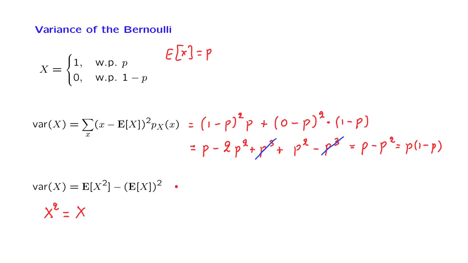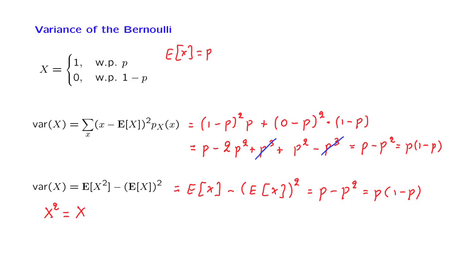So what we have here is just the expected value of x minus the expected value of x, squared, and this is p minus p squared, which is the same answer as we got before, p times 1 minus p. And we see that the calculations and the algebra involved using this formula were a little simpler than they were before.